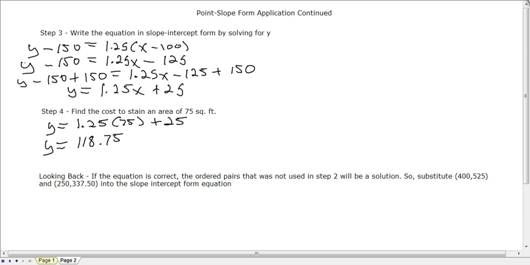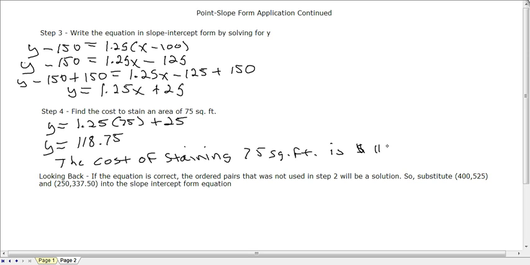After you've done this, you want to give a real good complete sentence: the cost of staining 75 square feet is $118.75.